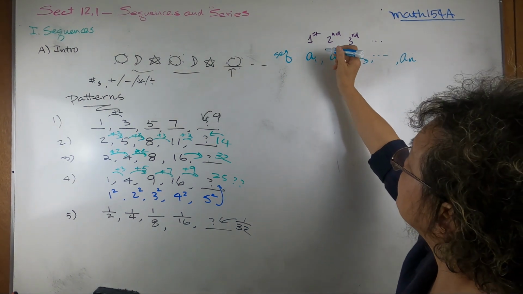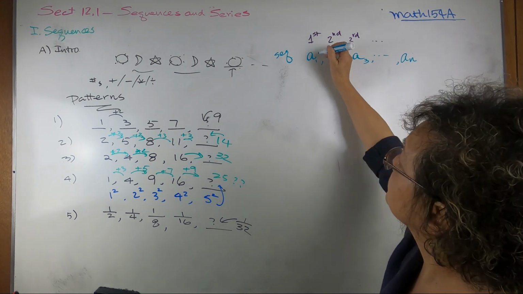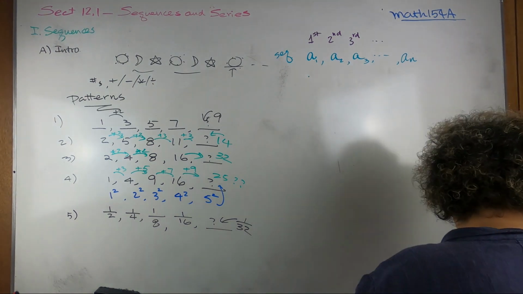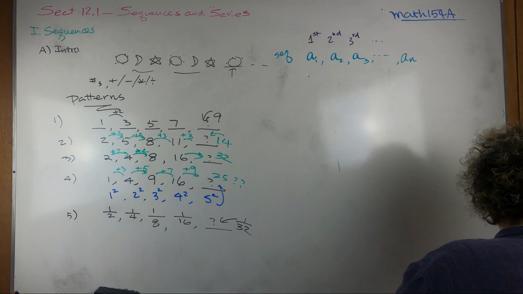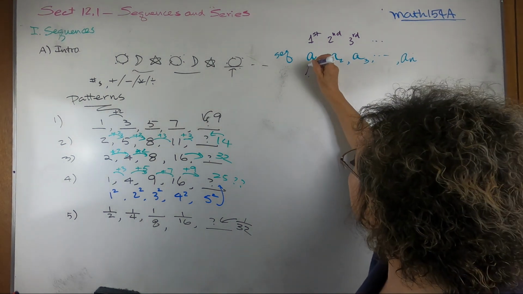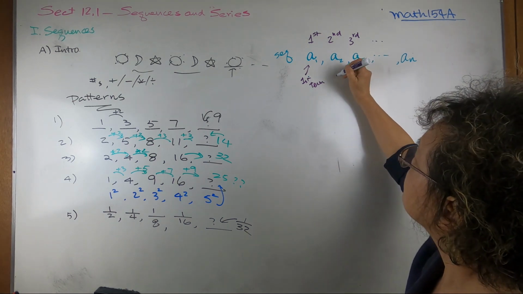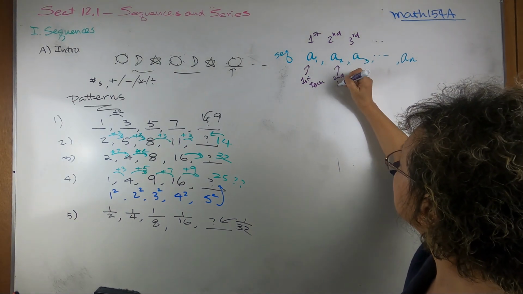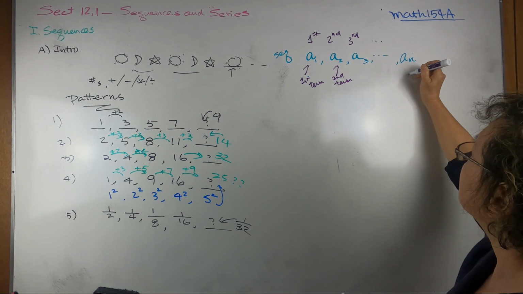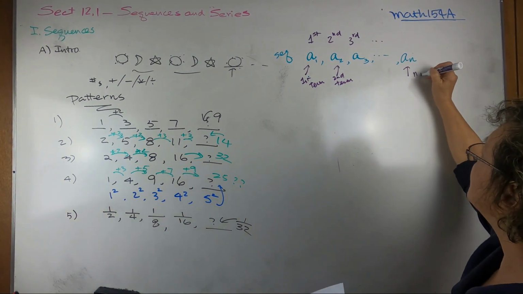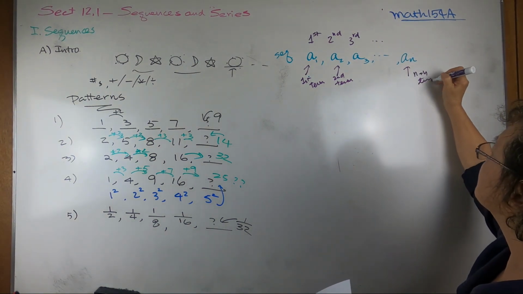So this one will be the first term, this one will be your second term, then all the way to n, this one will be the nth term.